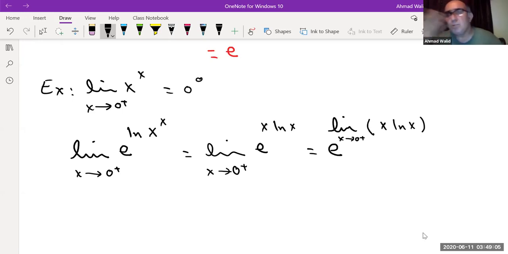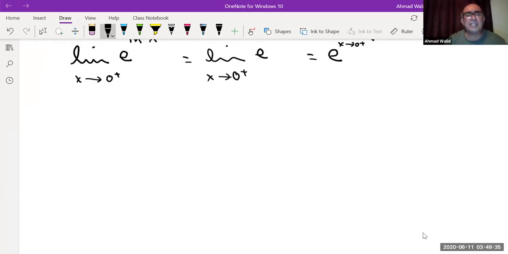But usually, we forget that we have an e there. For example, when you do this limit, you end up with 0, and you say, oh, my answer is 0. But no, it's not 0. It's e to the 0, which is different, correct? Then my recommendation to you, to avoid such a mistake, is to write down this e. It's not that much, right? Write down that e in every single step.